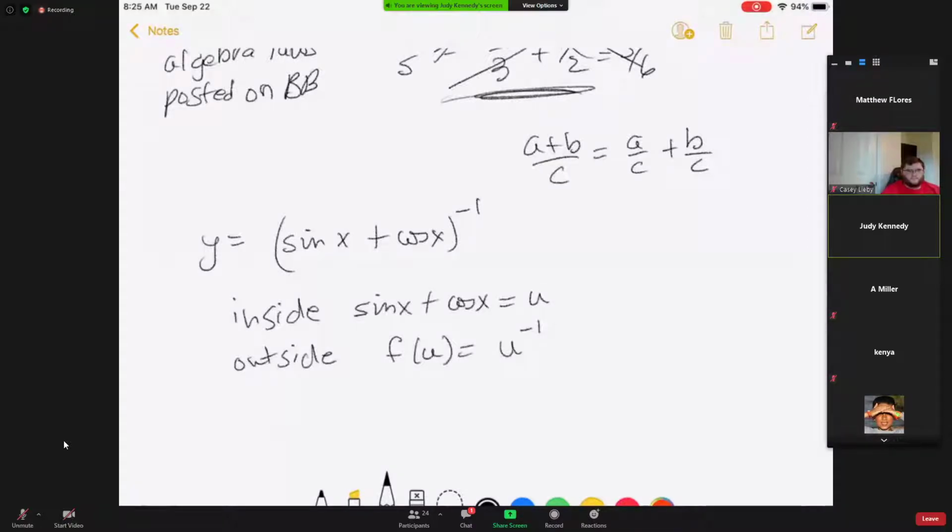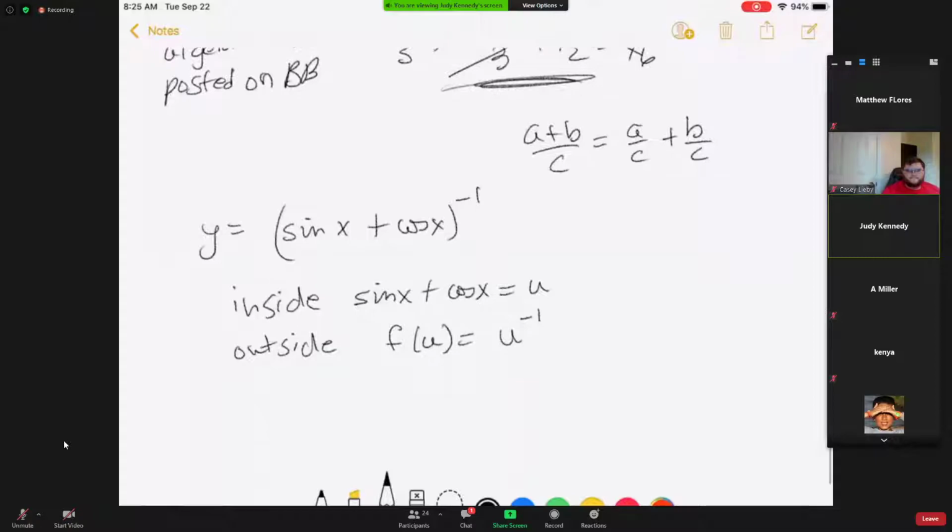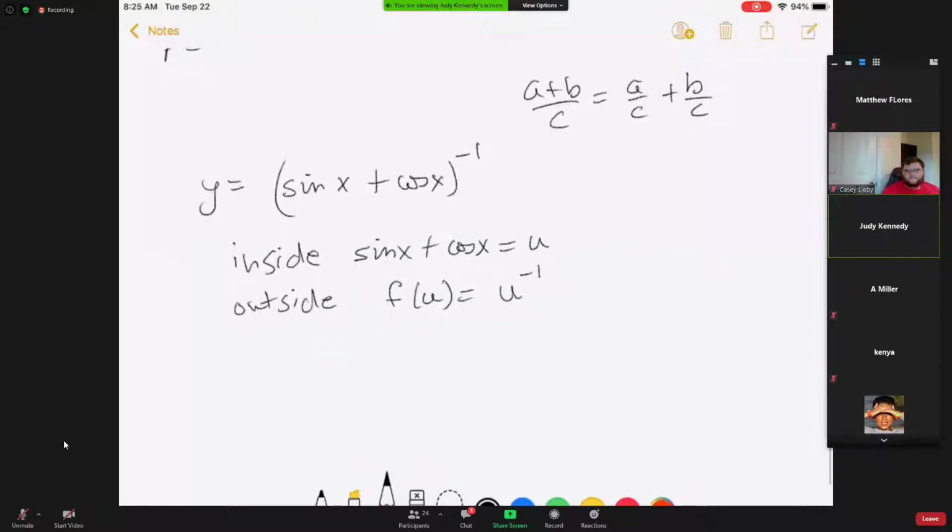After you get used to these rules, you can do a lot of this in your head, but until you do, I would suggest really carefully pulling it apart, doing it one step at a time, and that'll help you keep things straight and get to where you're comfortable with these rules.